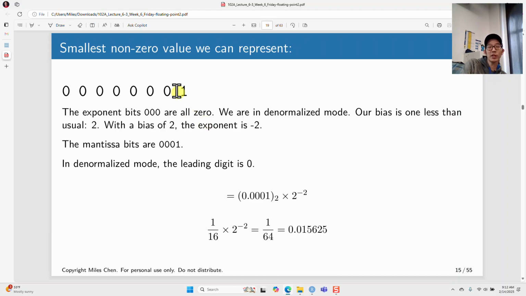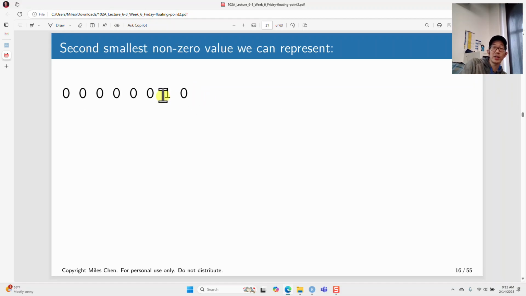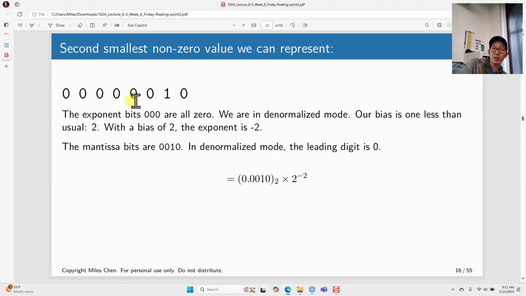The next value is, I'm basically just going to count up in binary. So I start off with 1. The next number in binary is 2. That's going to be 1 0. So my bits will become 1, 0. My exponent is still 2 to the negative 2, because I've got all zeros. I'm in denormalized mode.